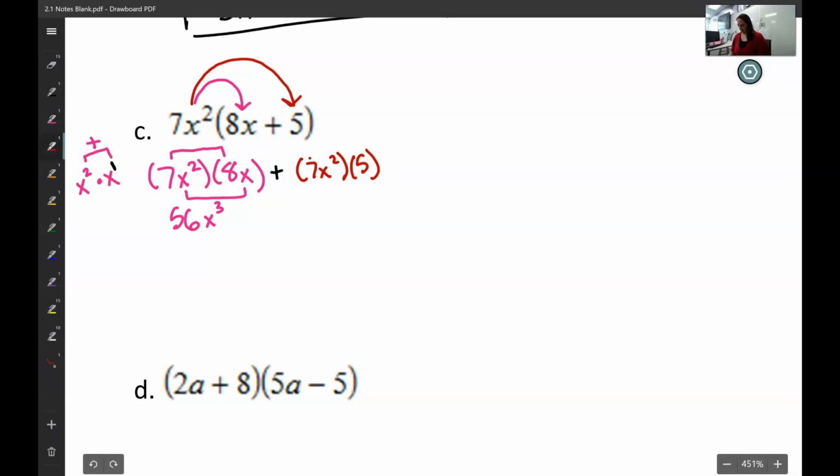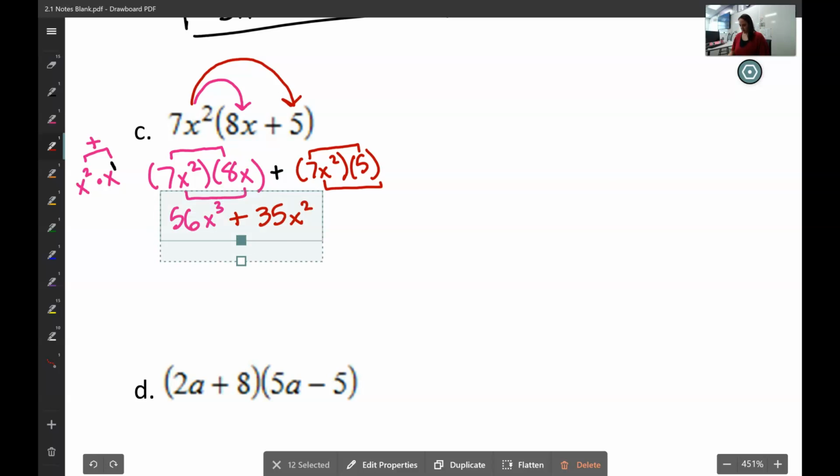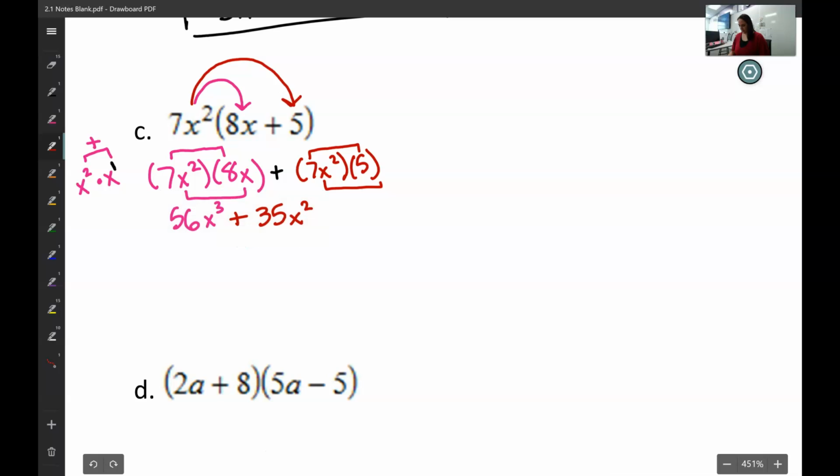Then I can do the same thing here, multiply the numbers to get 35, and then the letters, I don't have any letters there, so it just sticks with what it was originally. So there we go. Pardon the bell. Let's move this down.